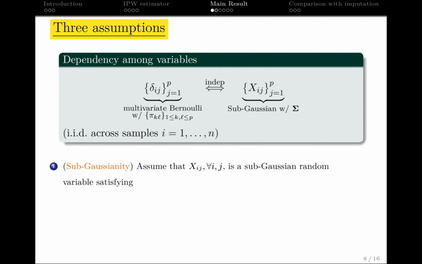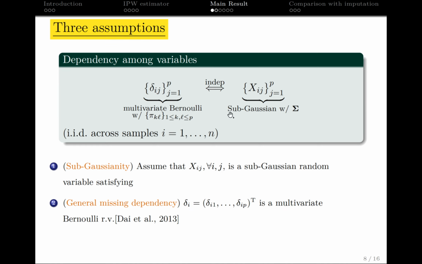So let me introduce the 3 assumptions that we used in this theorem, and they are shown in this diagram. The first assumption is about the distribution of data. We assume the sub-Gaussian distribution for them, and their dependency is implied by this covariance matrix.